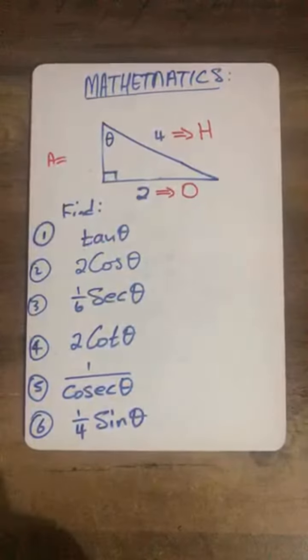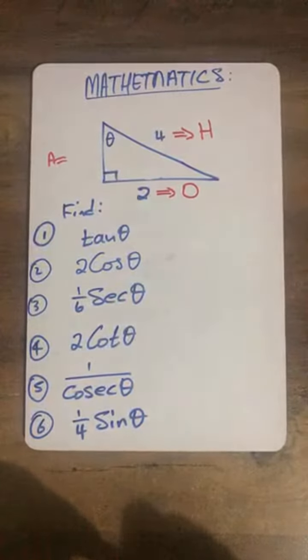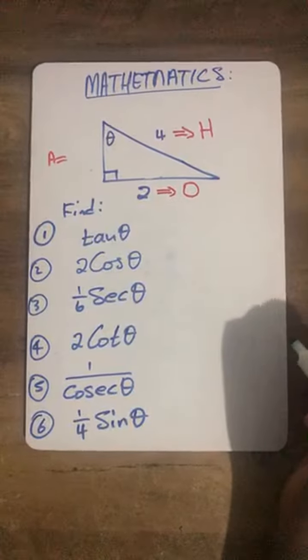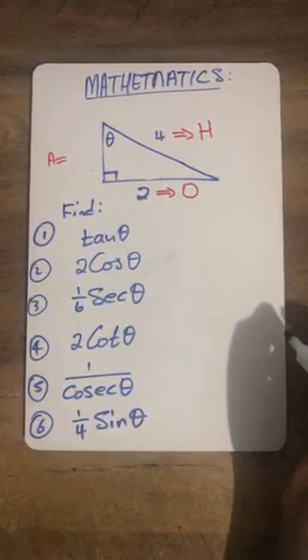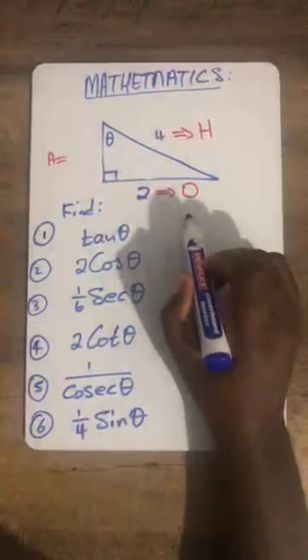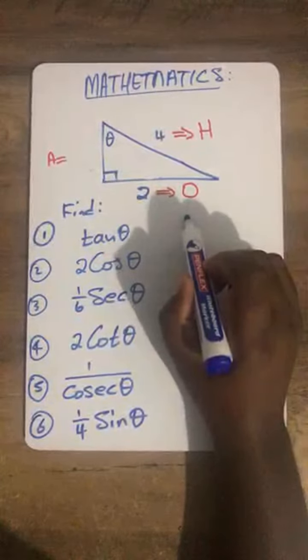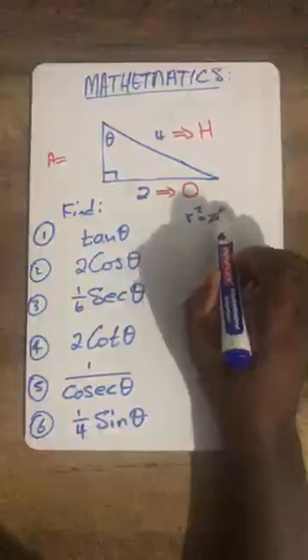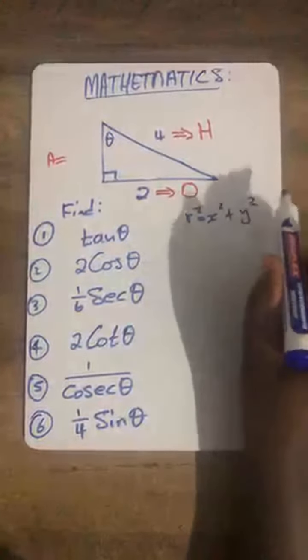So what is the adjacent? You need to work it out. How do you work it out? That means you might need to find that side using the theorem of Pythagoras, which means it's that, and then that.